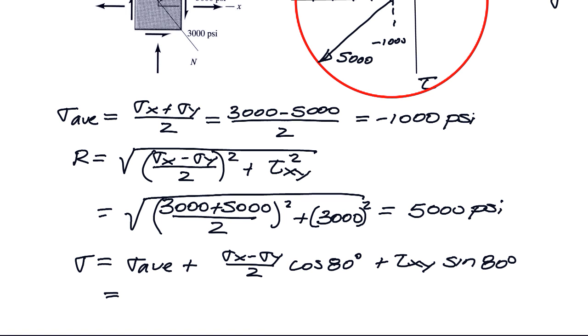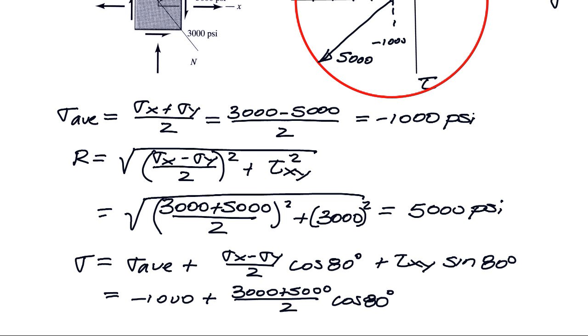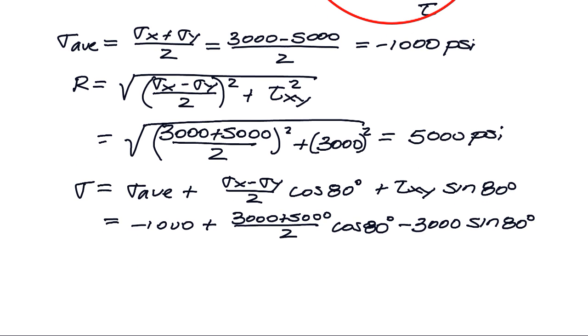Sigma average we saw was minus 1,000 plus 3,000 plus 5,000 divided by 2, cosine of 80 degrees. And tau xy on that face is a minus, so it's a minus 3,000 sine of 80 degrees. This number for sigma is minus 3260 psi.